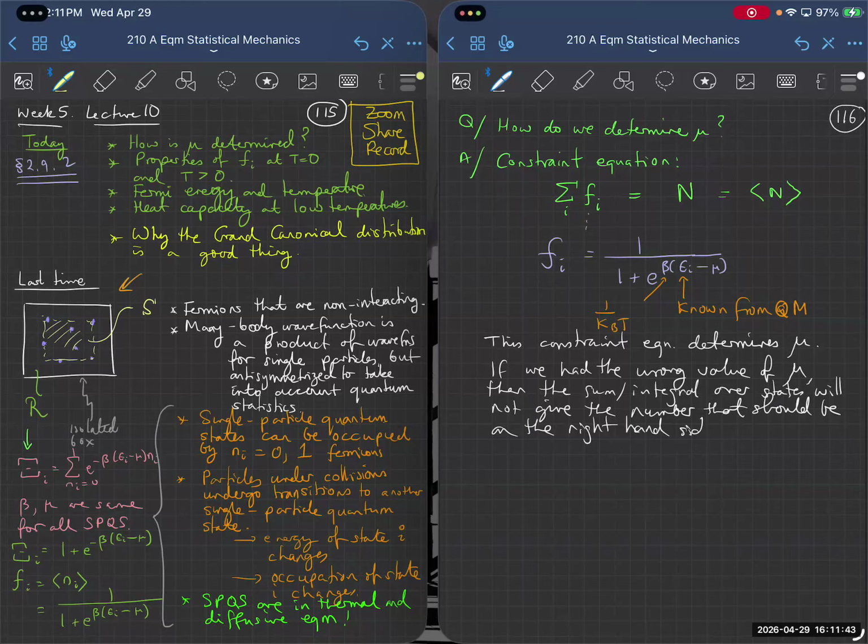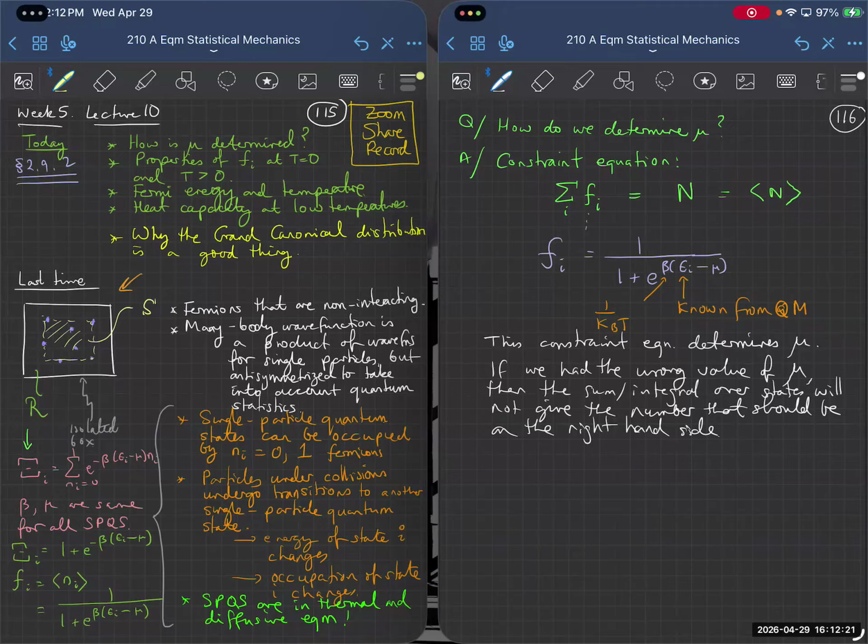Let's suppose that you know that the mean number of particles in the system is 6 times 10 to the 23 particles. Now, if I do the sum on the left-hand side, that's a sum or an integral over states. I know what beta is, that's just the temperature. I know what epsilon i is, that's just the energy levels. So as I vary mu, the sum or the integral on the left-hand side will change its value. And the value on the left-hand side has got to be equal to the value on the right-hand side. So just putting in an arbitrary value of mu in there won't work.